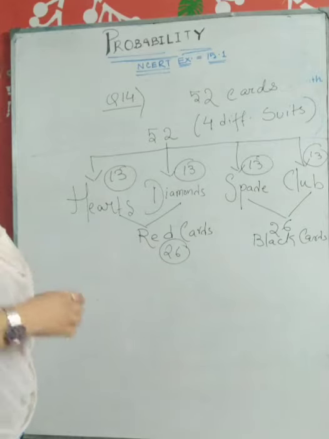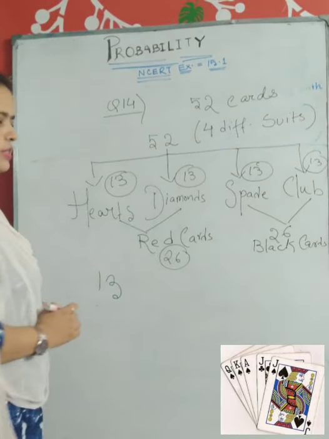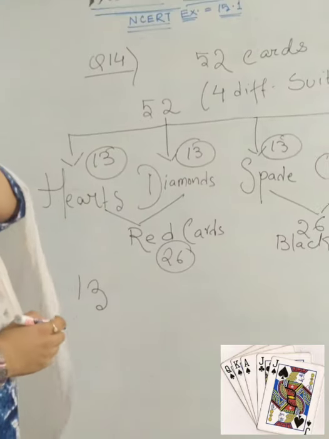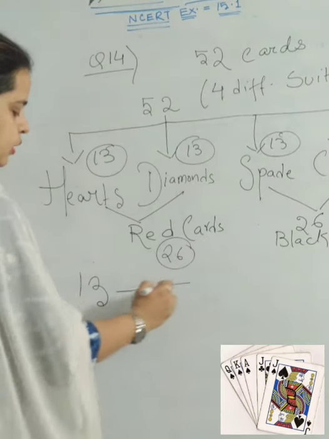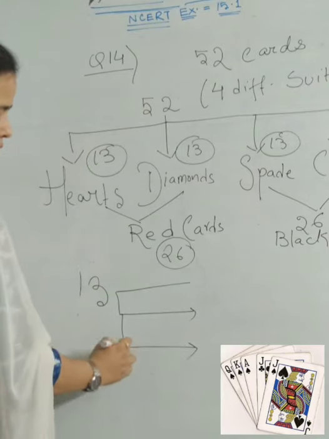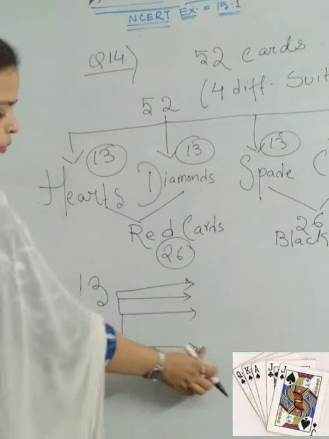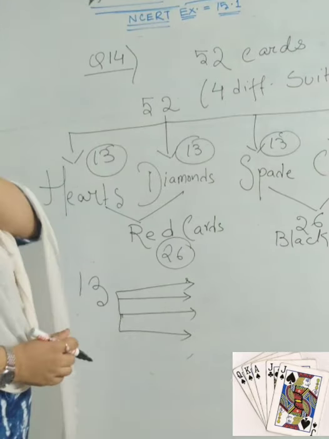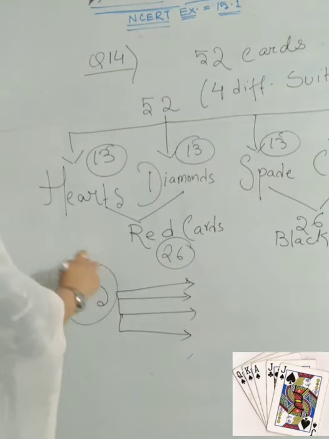But out of 13, what next categories do we have? Now let us divide 13 into different categories. So look at it very nicely, children. Many of you know it, but still out of my own interest and to help you out, a good recall can be done by this particular card system.